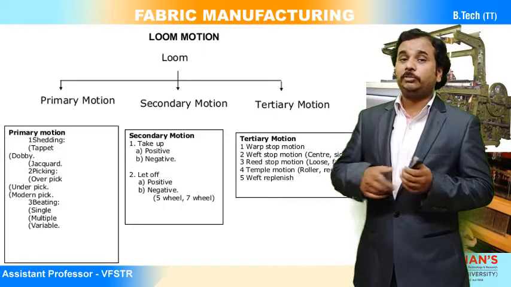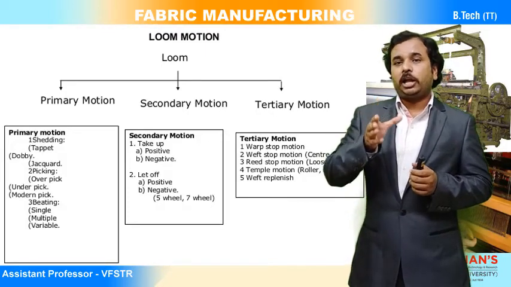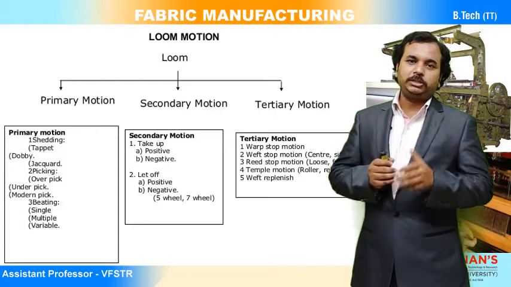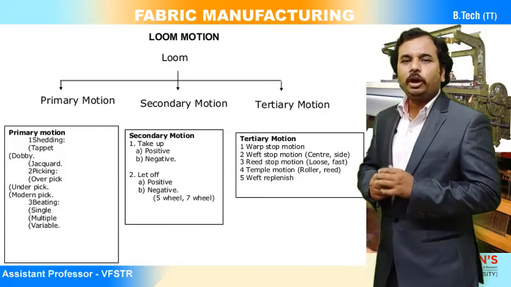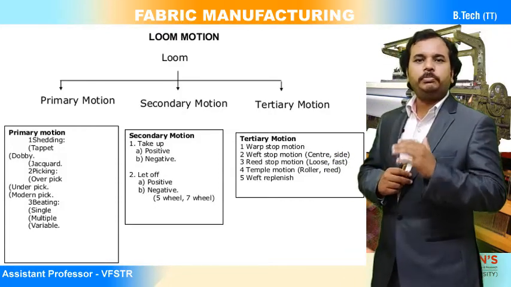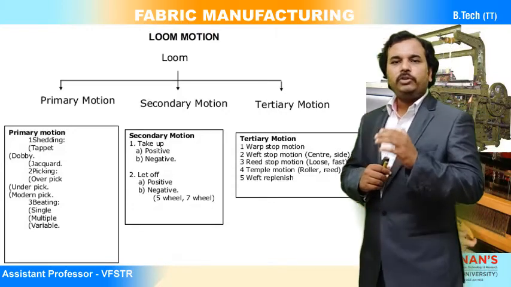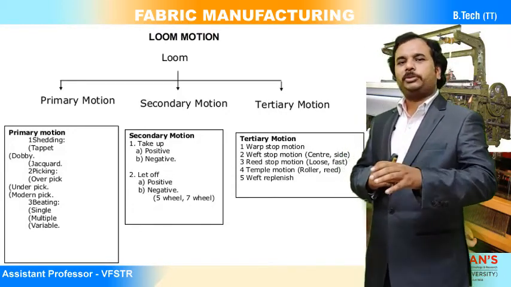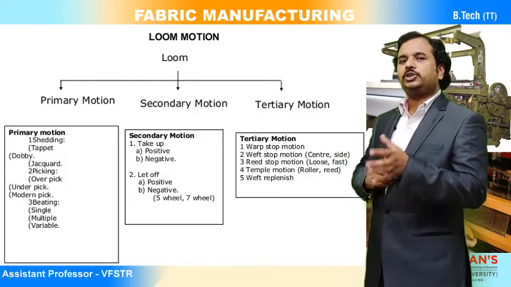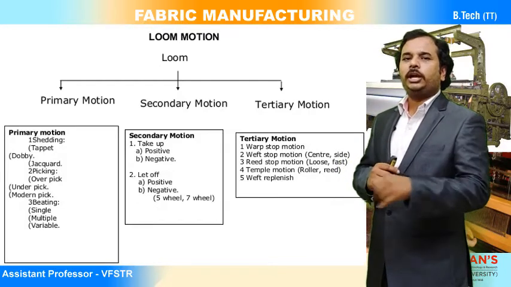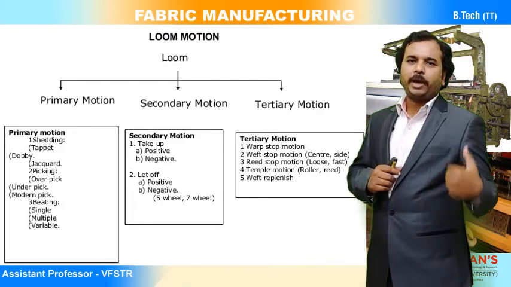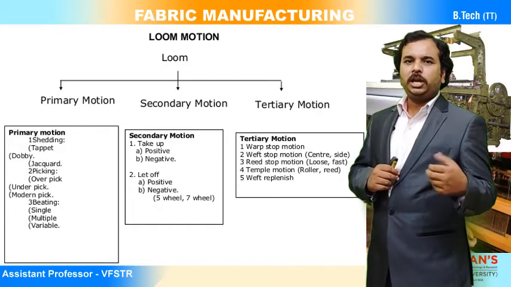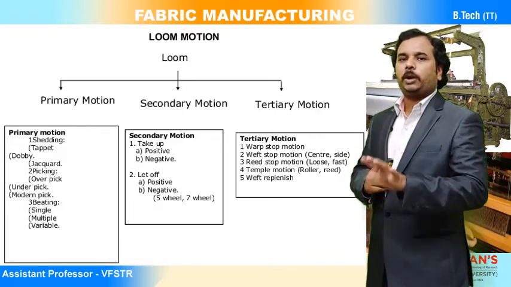Visually you can see there is no warp thread, there is a missing end. So whenever the warp thread breaks, the mechanism will stop the loom, so that the weaver working in the weaving area can go and attend to the warp break.